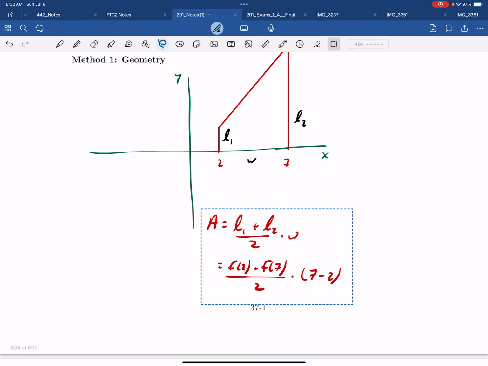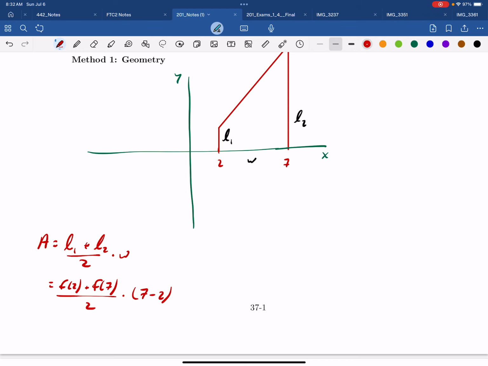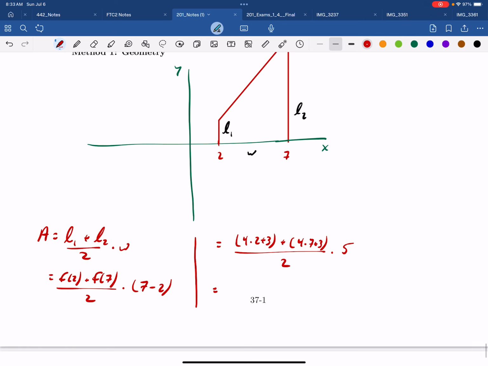So we wind up doing this out. Let me actually do it over here. This is going to equal, well, f of 2 is going to be 4 times 2 plus 3. And f of 7 is going to be 4 times 7 plus 3, all over 2, times 5. And then this is going to be 11 plus 31 over 2 times 5.